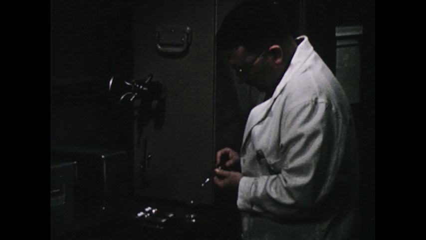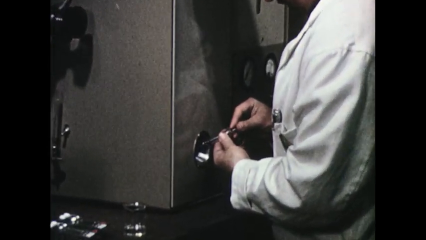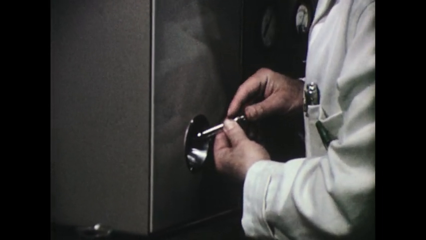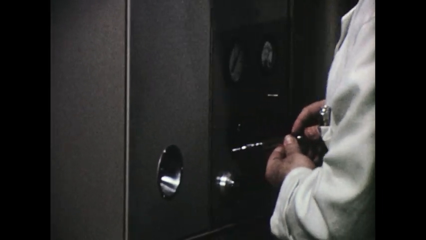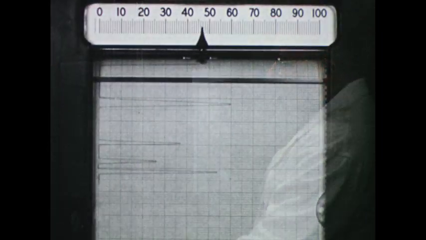Complex mixtures are often injected into a gas chromatography unit and separated into distinct components.